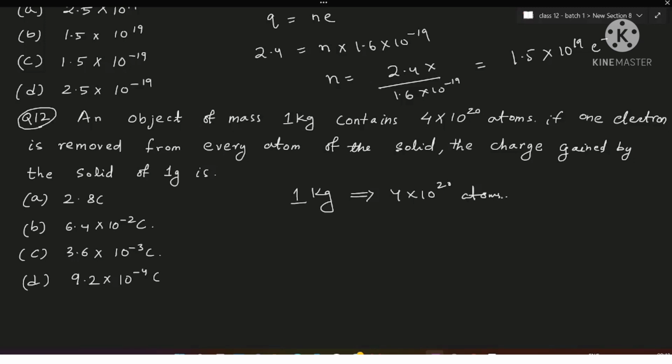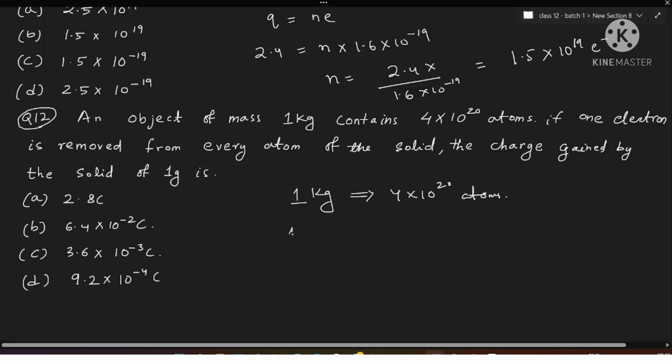In 1 gram we first find how many atoms there are: 4 into 10 to the power 20 by 10 to the power 3, which equals 4 into 10 to the power 17 atoms.